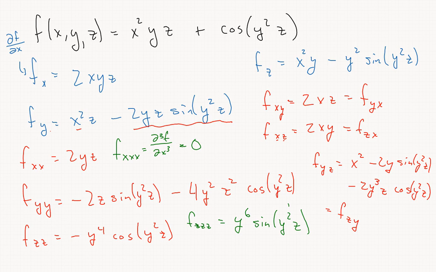Or like here we could take fzxy is equal to 2x, is equal to fzyx again.